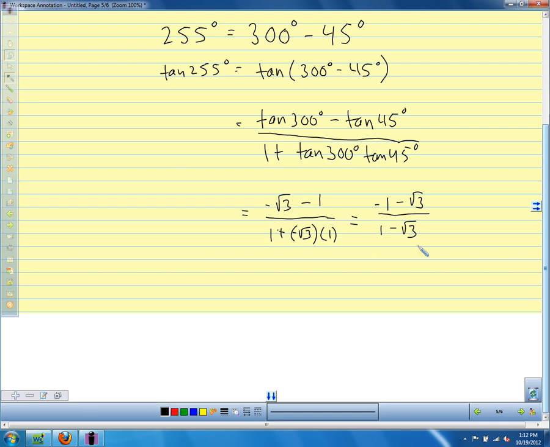Now, if you had a problem like this and you got to here, on a quiz or test, you would get the vast majority of points. Normally we don't have a radical in the denominator. Does anybody remember how we rationalize denominators like this?